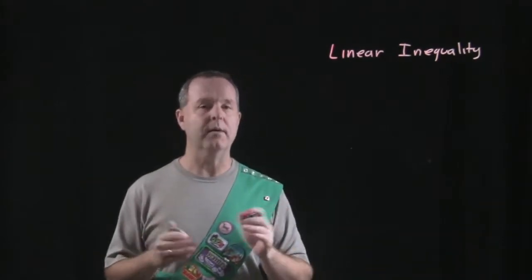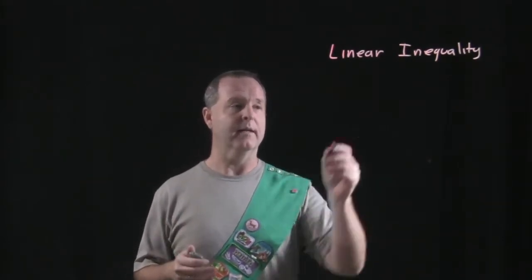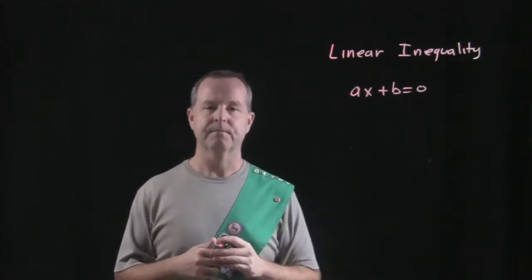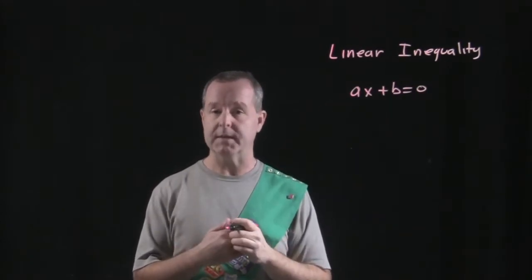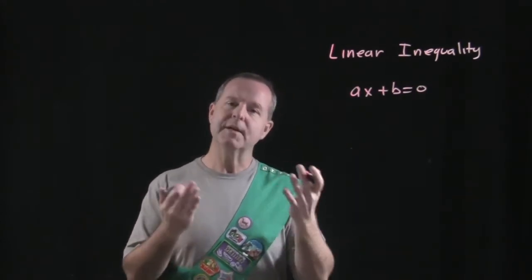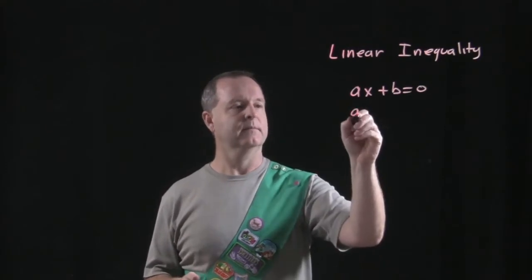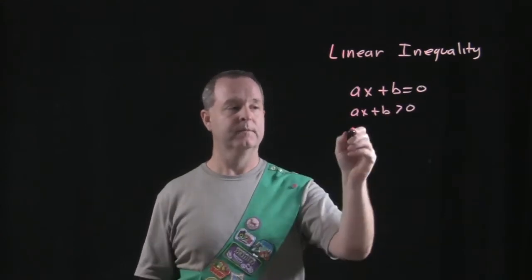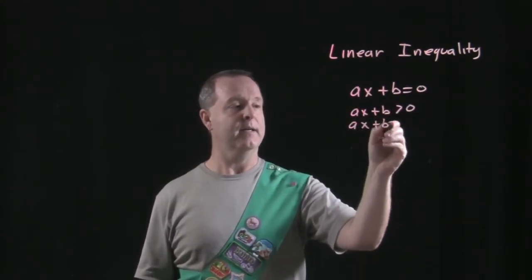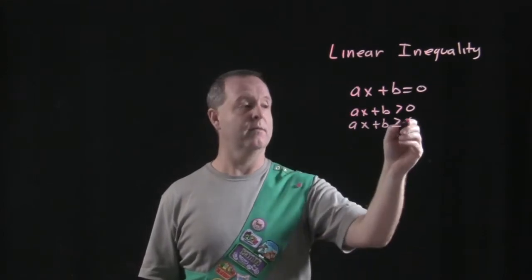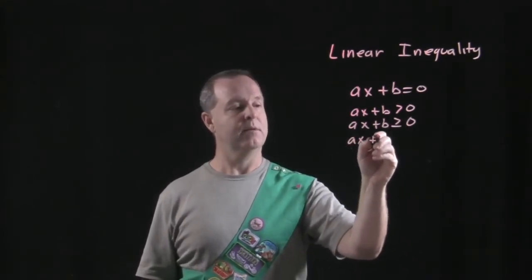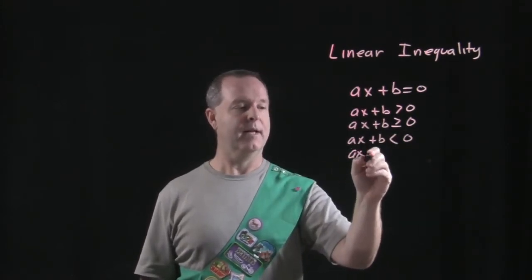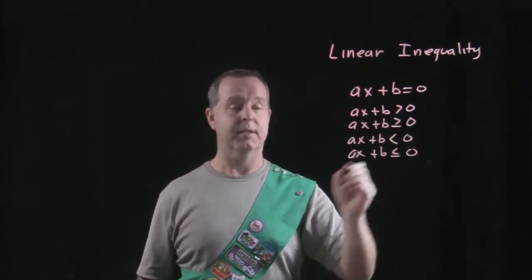Now, a linear inequality is very similar to a linear equality, where we might have a standard ax plus b equals 0. That's an equality because we have an equal sign there. An inequality comes in four different shapes, where I might have some ax plus b is greater than 0, some ax plus b is greater than or equal to 0, some ax plus b is less than 0, or some ax plus b is less than or equal to 0.